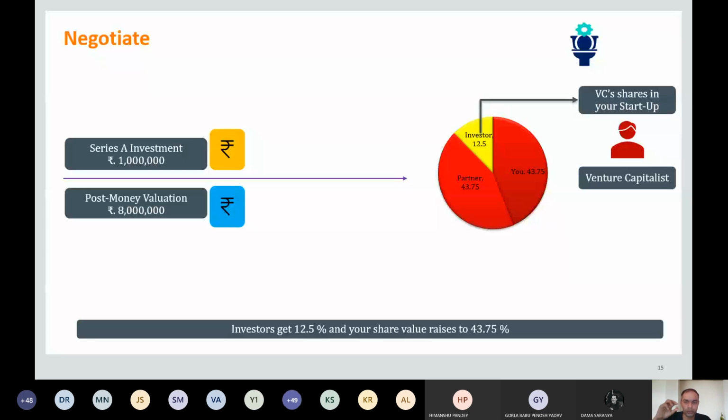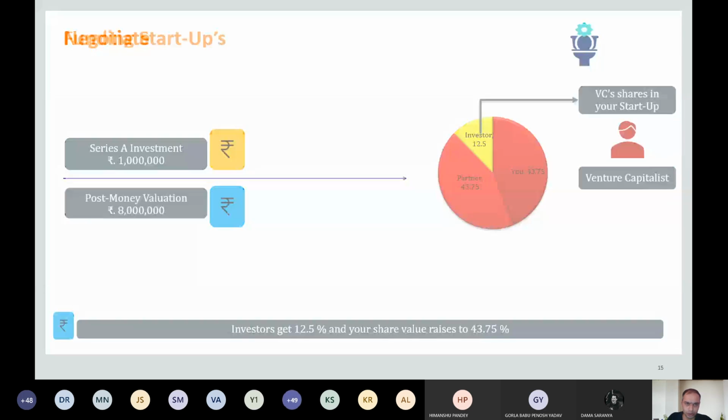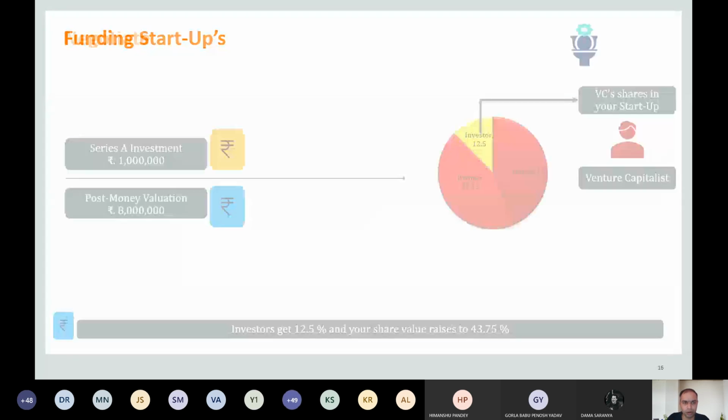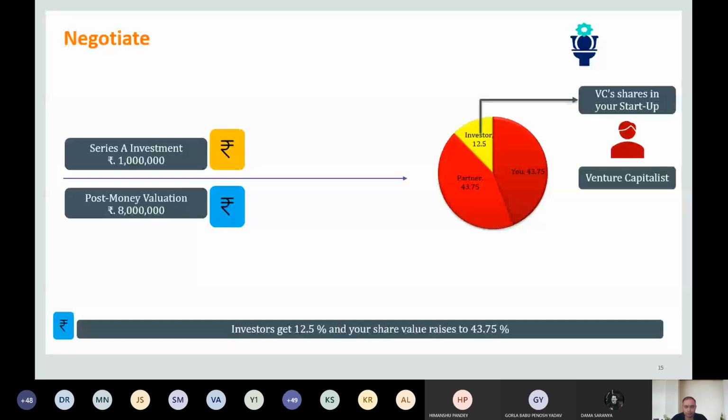That is an increase of 3.75 percentage. So still you are making a good profit. This is the offer your venture capitalist has made.